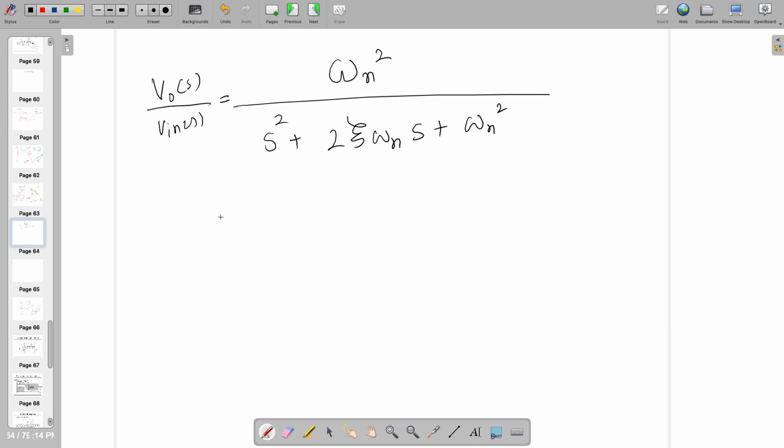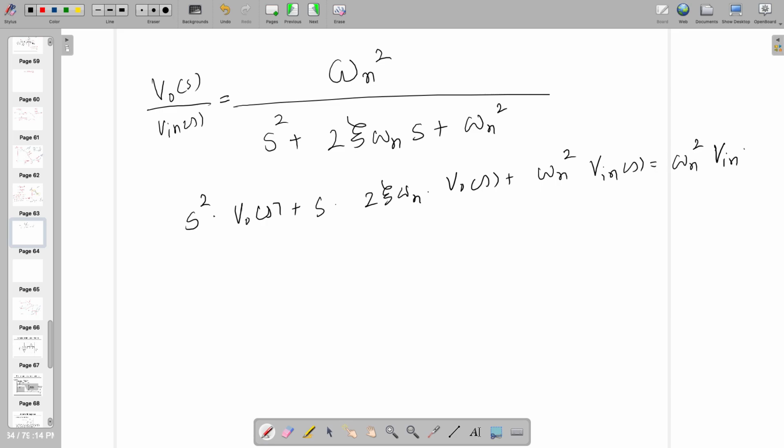So you can rewrite this equation, and after rearranging all these things, you can find some equations where you can implement this with double derivative, single derivative.